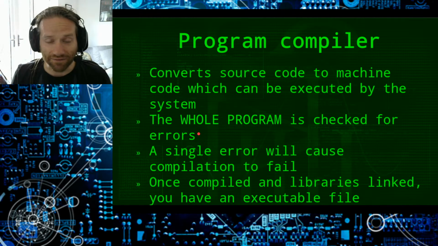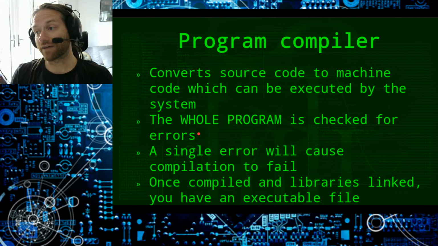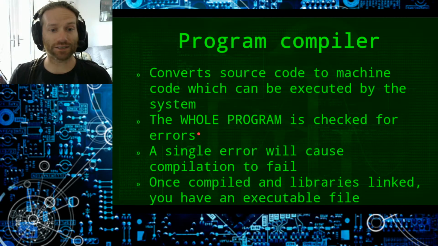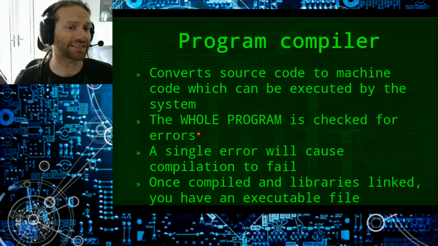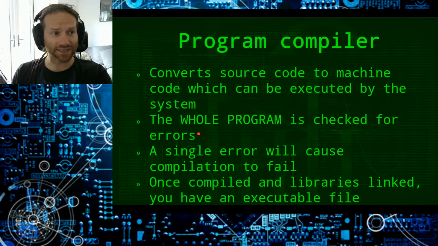Anyone that has played video games on Windows will have probably installed DirectX at some point, or will have seen when they've run a game, Steam will say installing VC++, something or other. Okay, that's what that's doing, is installing those libraries that go together to make the games run.